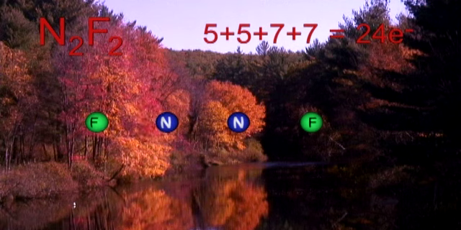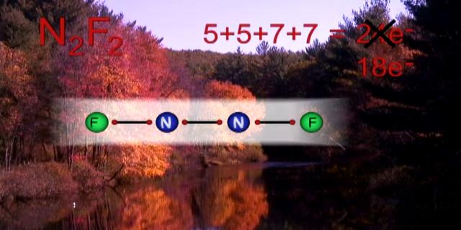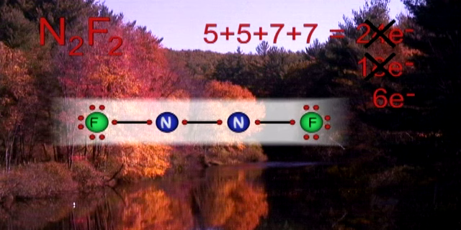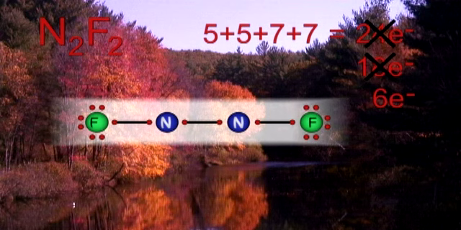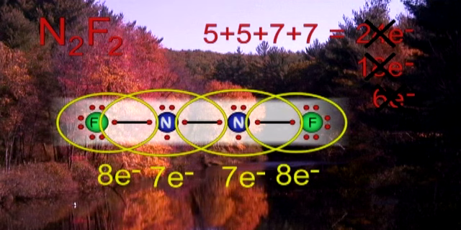Therefore, let's bond both nitrogen atoms in the middle and bond the fluorine atoms on each side. At this point, we've used a total of 6 electrons and have 18 remaining. Let's put 6 electrons around each fluorine atom so that each fluorine atom has full valency, which now leaves 6 electrons. We could try placing 3 electrons on each nitrogen atom. However, full valency will not be met for the nitrogen atoms.